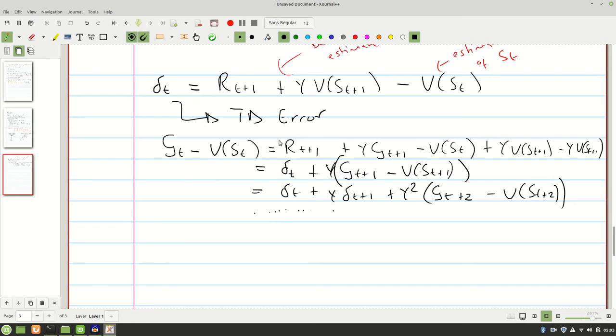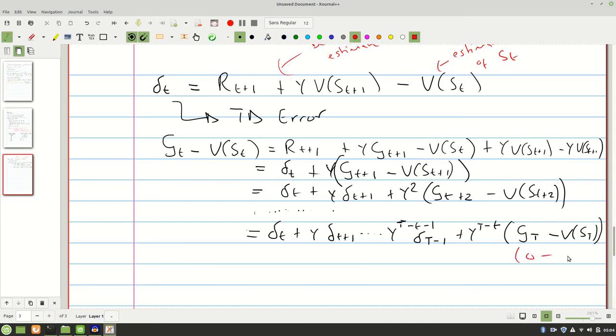And once we're at this stage, this is equal to delta t plus gamma delta t plus 1, all the way up to gamma to the power capital T minus t minus 1 of delta capital T minus 1, plus gamma to the power capital T minus t of G capital T minus V S capital T. This is at the final time step, so we can just think of this being 0 minus 0.